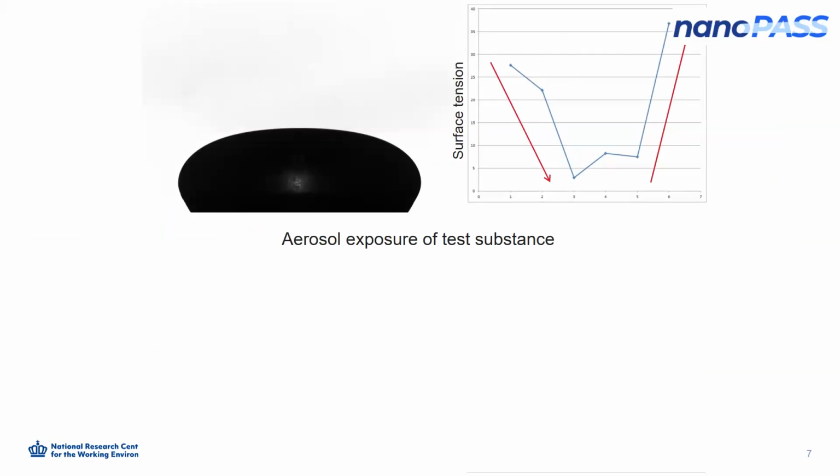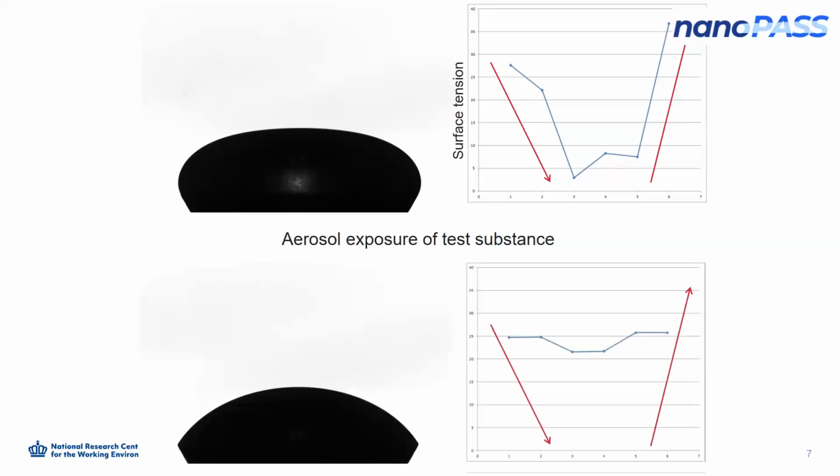So this is the same drop exposed to a test substance, and what happens is you make the drop smaller and larger to the same extent as before, but the surface tension does not go down. So the minimum surface tension is what we are most focused on.